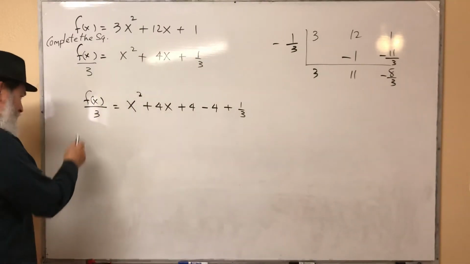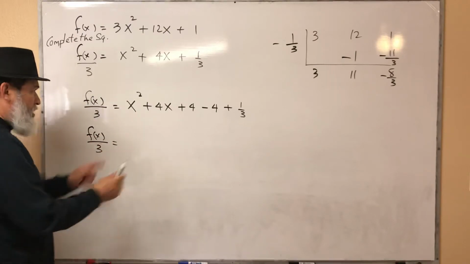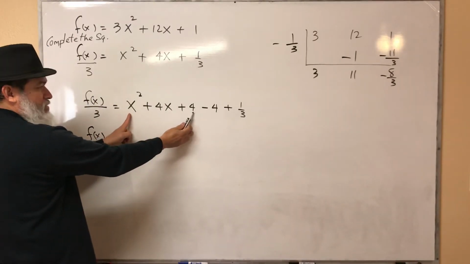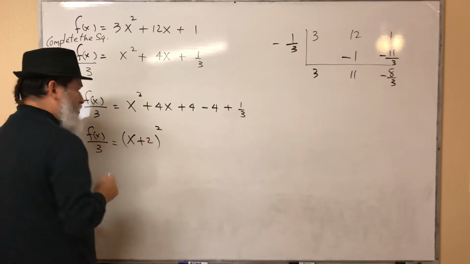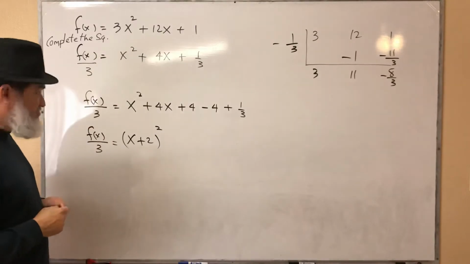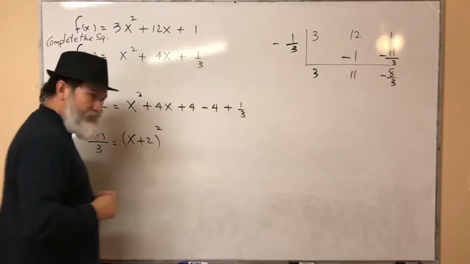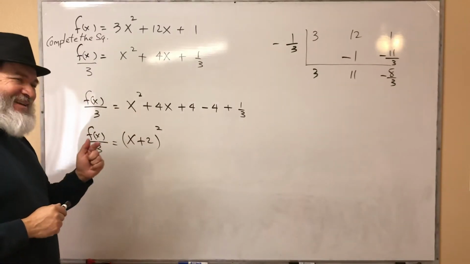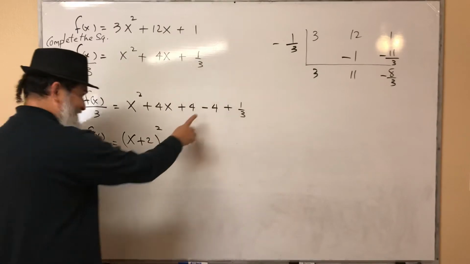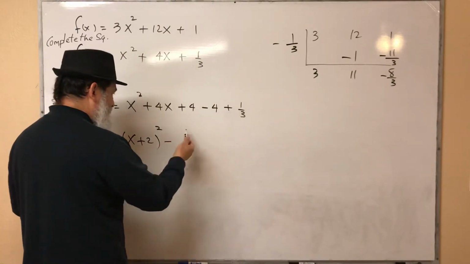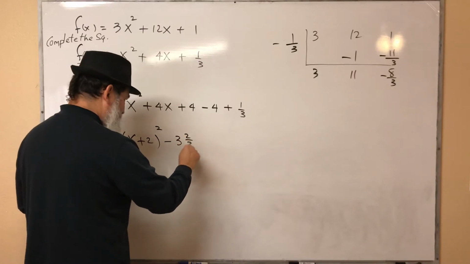Watch this. f of x over 3. You see this trinomial right there? That's x plus 2 quantity squared. You see negative 4 plus 1/3? Isn't that negative 3 2/3?